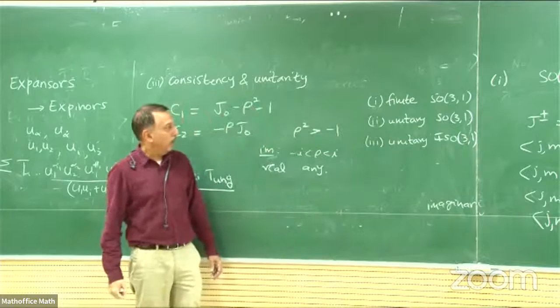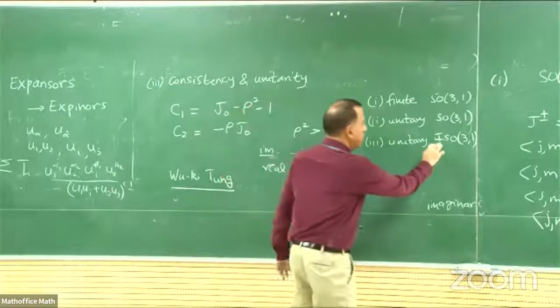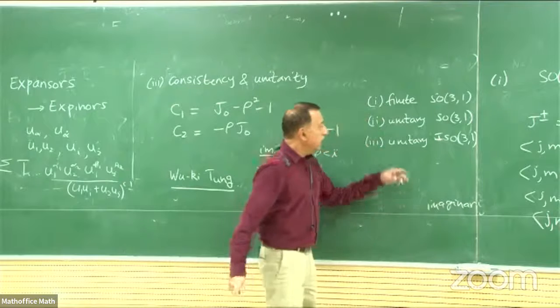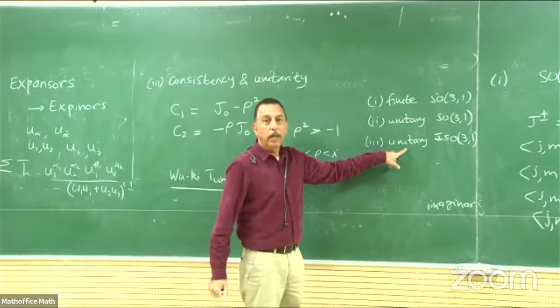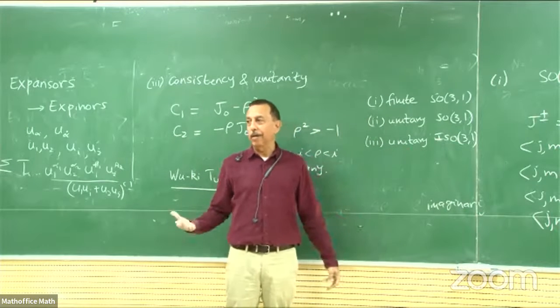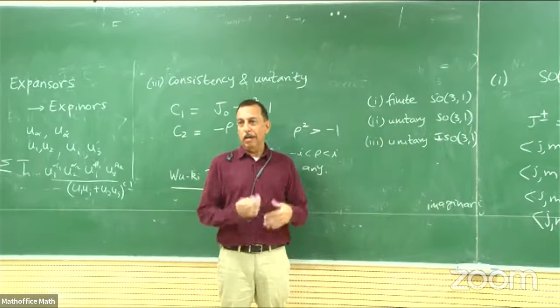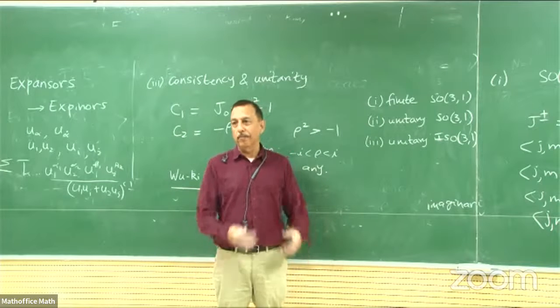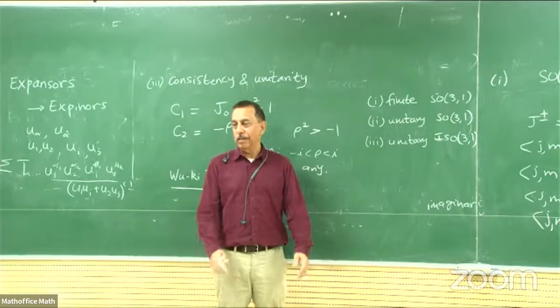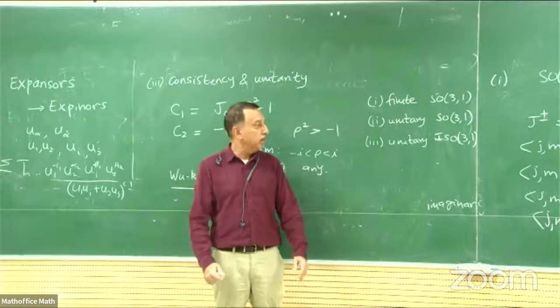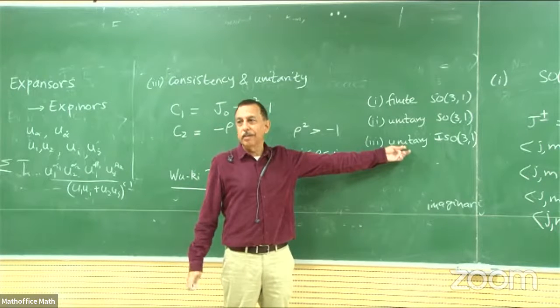Now, the interesting fact, so broadly, if you say these are important, why? Because the quantum states of a quantum field theory are normalized, and when they transform under a Lorentz transformation, they better remain normalized. And so it has to be this representation which acts on them. Okay.